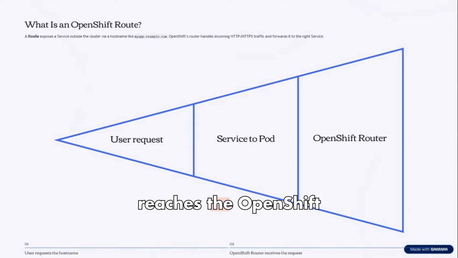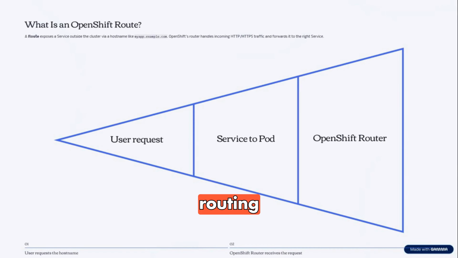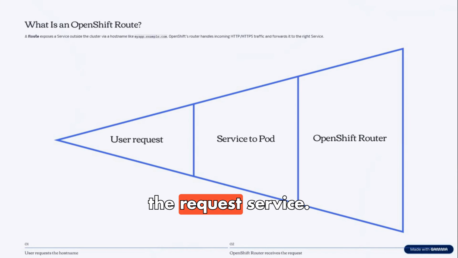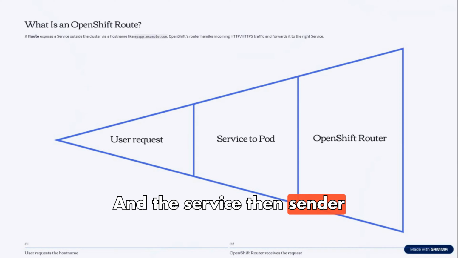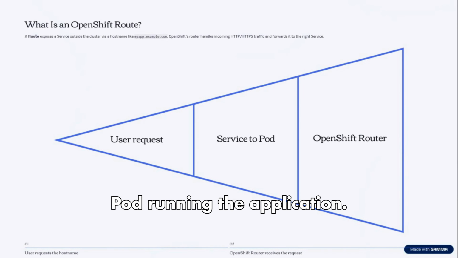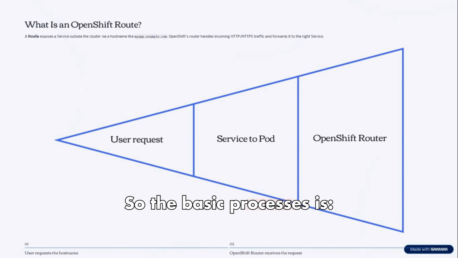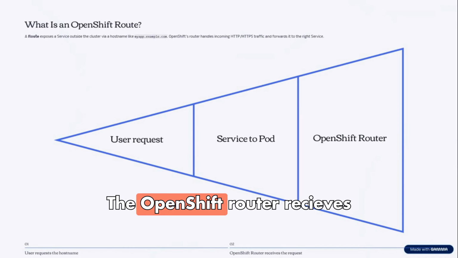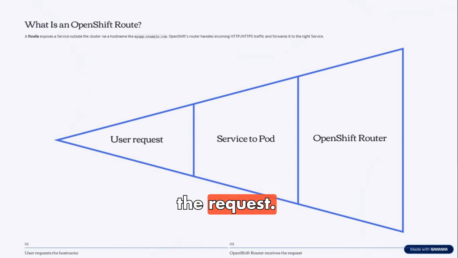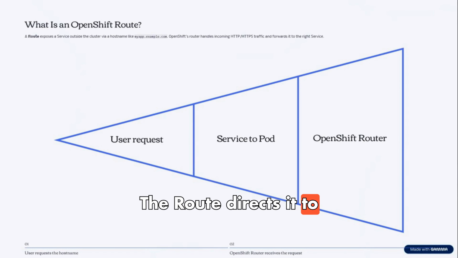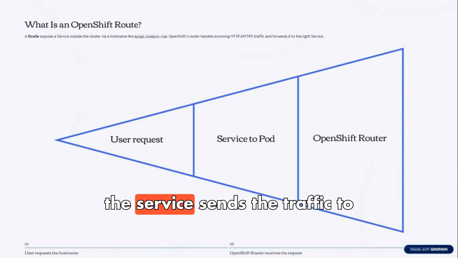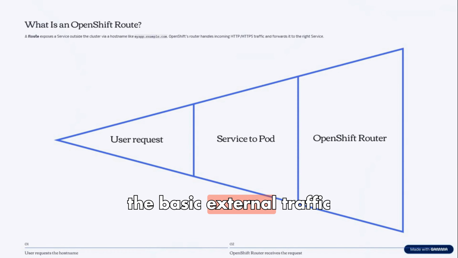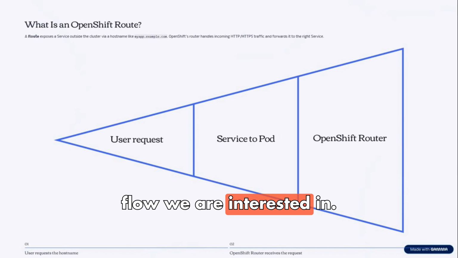The request reaches the OpenShift routing layer. The route directs the user to the appropriate service, and the service then sends the traffic to an available pod running the application. So, the basic process is: the user requests the host name, OpenShift receives the request, the route directs it to the appropriate service, and the service sends the traffic to an available pod. That's the basic external traffic flow we are interested in.